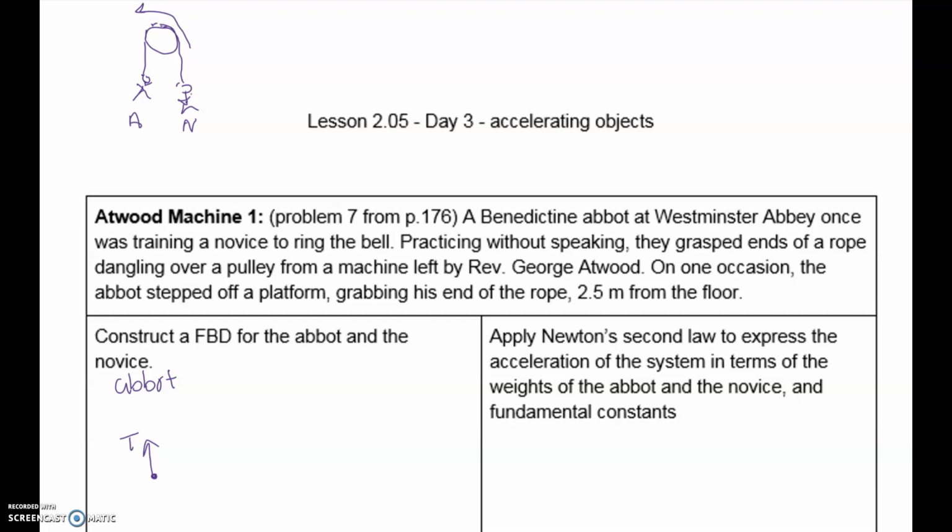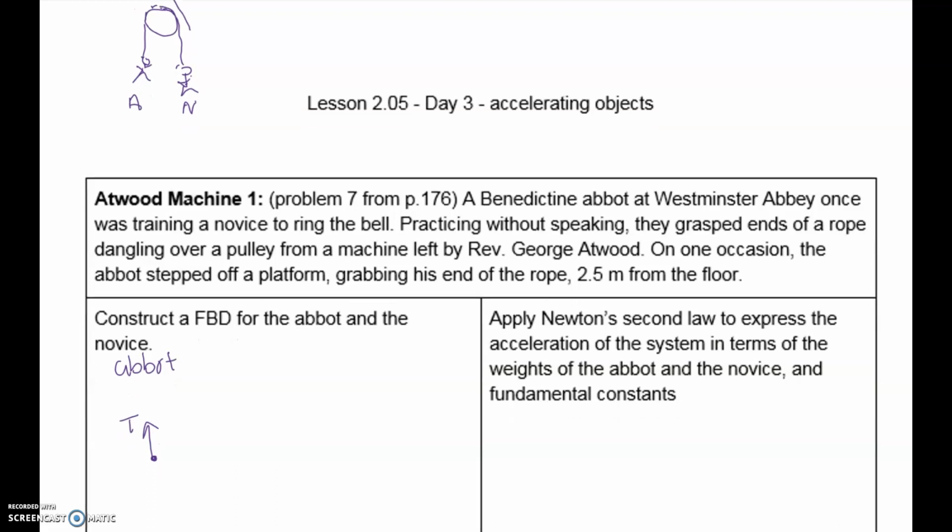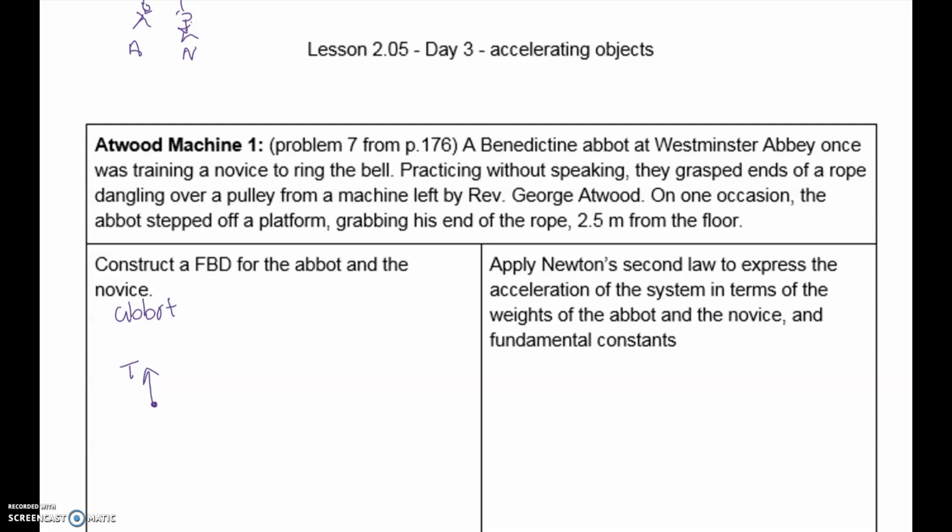Since this abbot steps off, and initially our rope is not moving and then starts to move, our acceleration is going to be downward. Something goes from not moving to moving, the acceleration is in the direction of the motion. So in my free body diagram, the force of gravity must be longer than the tension. Let me draw tension a little bit longer. Anyway, this is the force of gravity, and I'll put a little a here for the abbot.